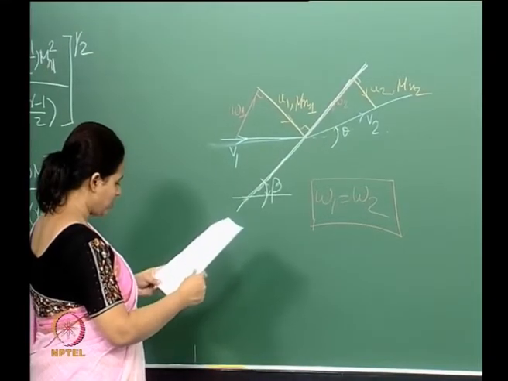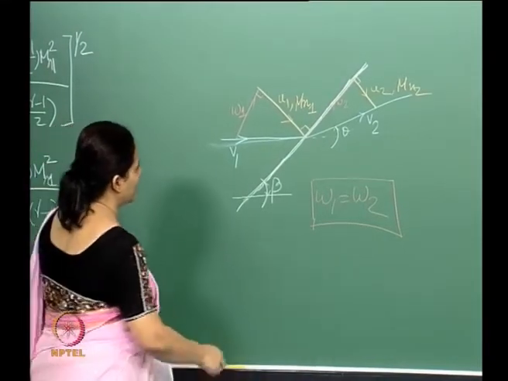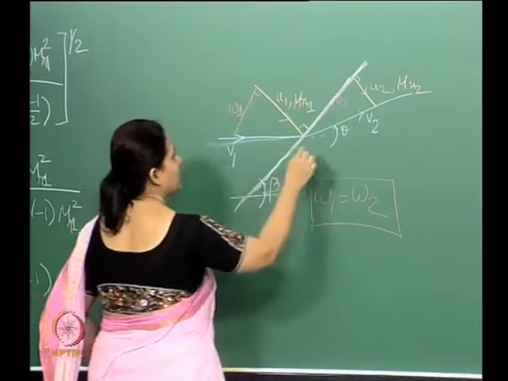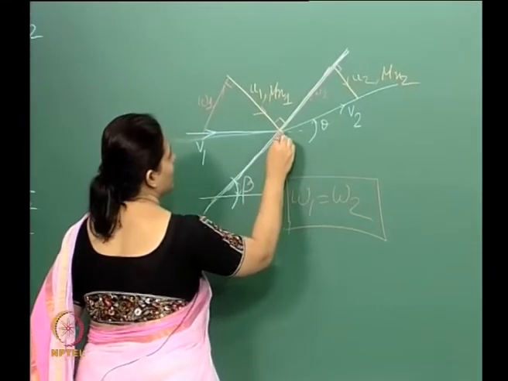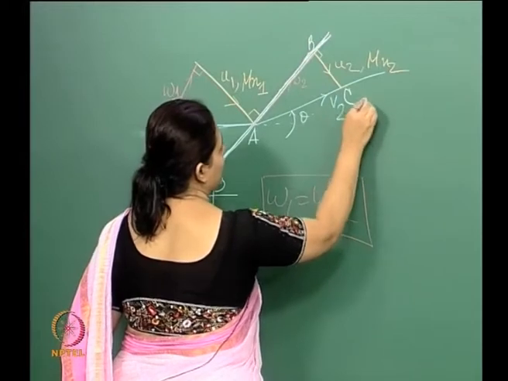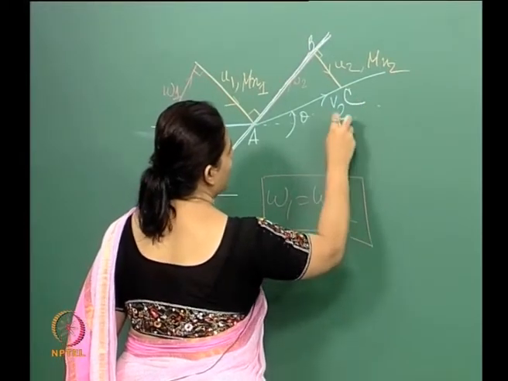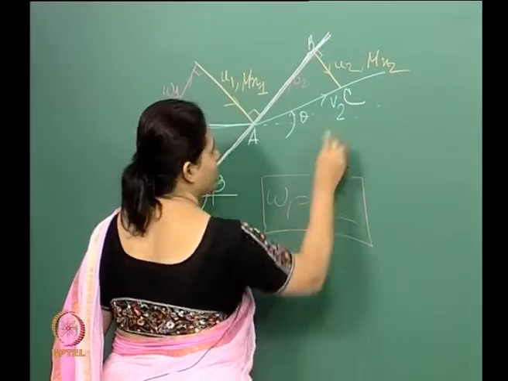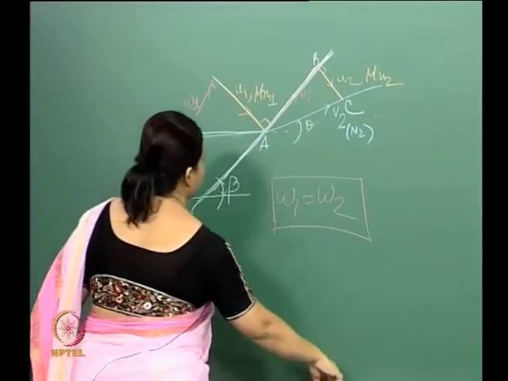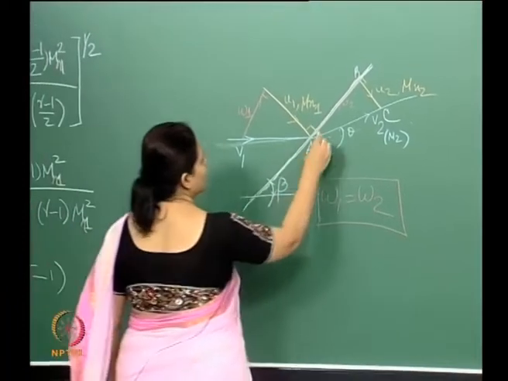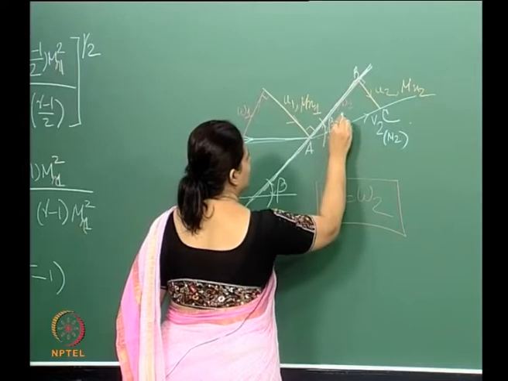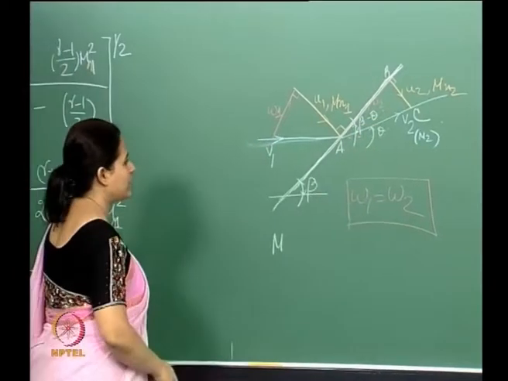Now we can also write like this. Okay, now M2. So basically, if you look at this triangle over here, say A, B, and C, so this is M2, right? The Mach number corresponding to this is M2, right? So if I were to write that, this angle here is beta minus theta, right?